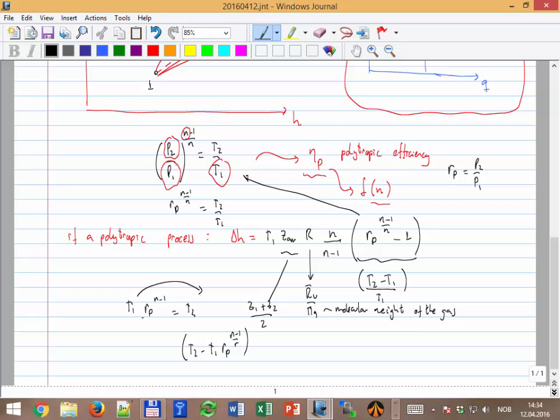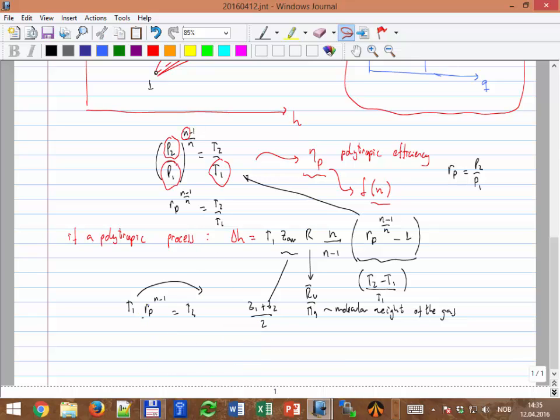I'm missing something here. Oh no, you have to put T2 as a function of T1, I just made a mistake here.